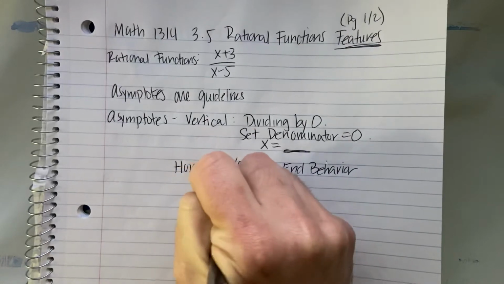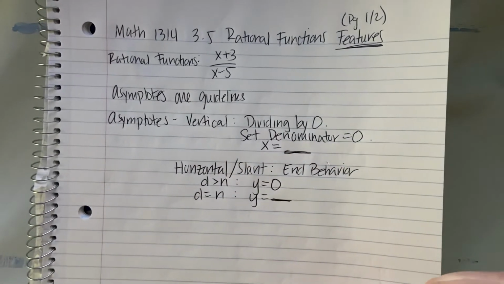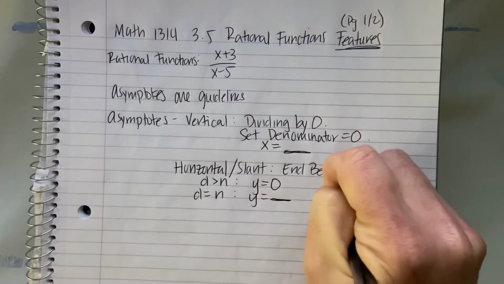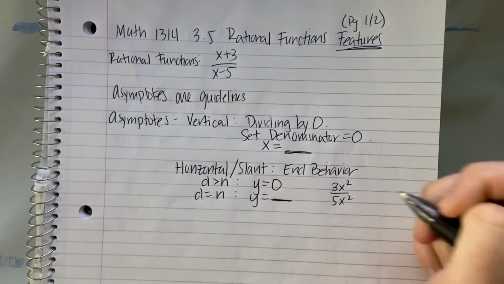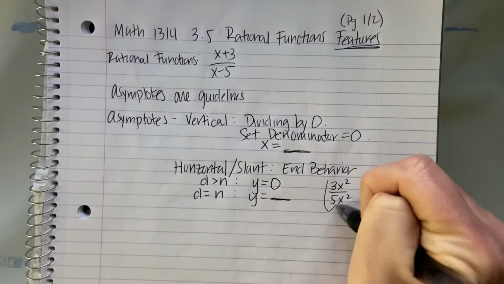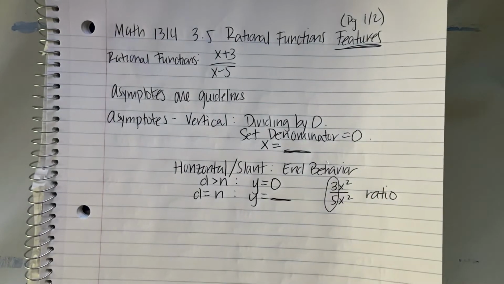If they're equal, you have y equals something where that is a number. How do you find the number? For example, for 3x squared over 5x squared, notice the powers of x's are equal. You just take the ratio of the coefficients, and that's where your horizontal asymptote is.